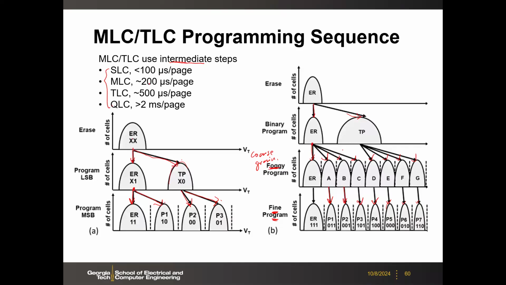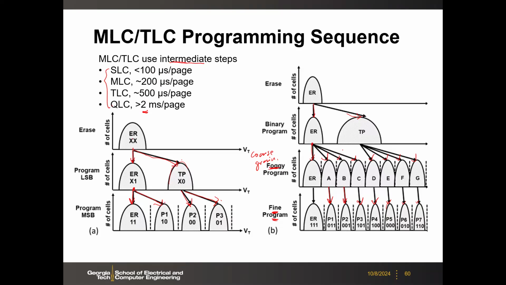But if you do MLC and TLC, you spend a few hundred microseconds because you have to do a lot of verify and fine tuning. And for QLC, it's even slower, like more than a millisecond per page.